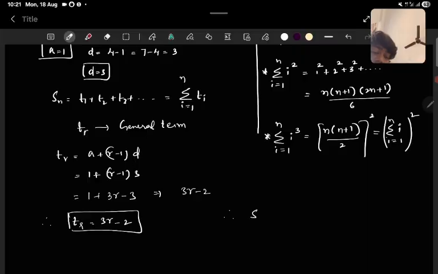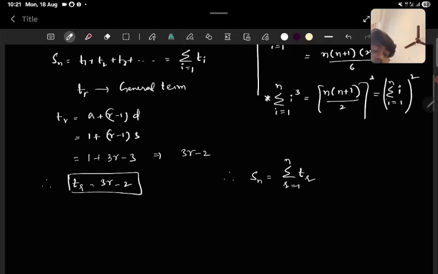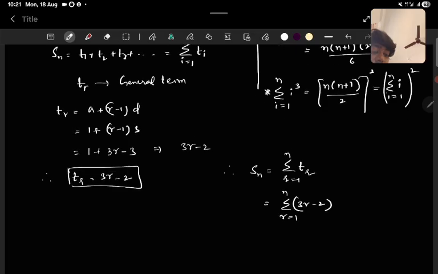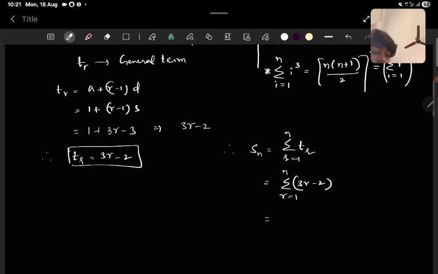And as I already said, Sn is equal to summation Tr, where r is starting from 1 to n. Now put it over here, summation 3r minus 2, where r is starting from 1 to n. Now we have two terms over here, split it accordingly. Summation r equals 1 to n, 3r minus summation r equals 1 to n, 2.